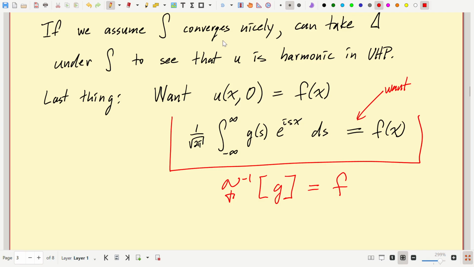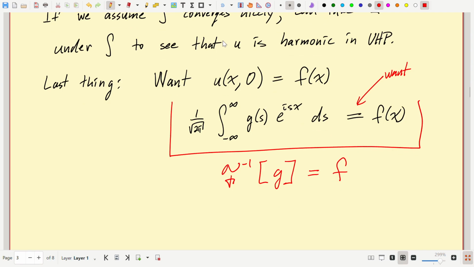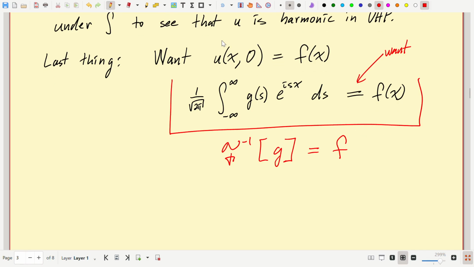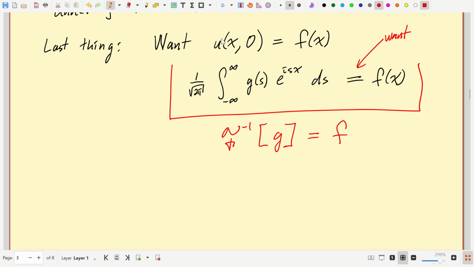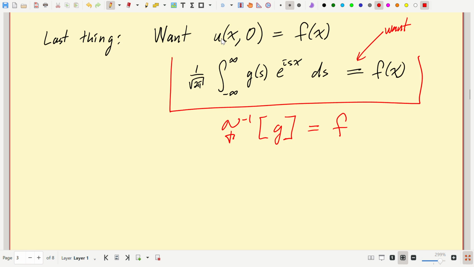Well, remember, that's the inverse transform. And so, in fact, what should g be? Obviously, I'm sorry, f is given. What should g be? If I want the inverse Fourier transform of g to be f, of course I need g to be f hat.